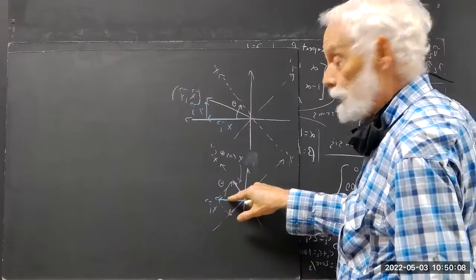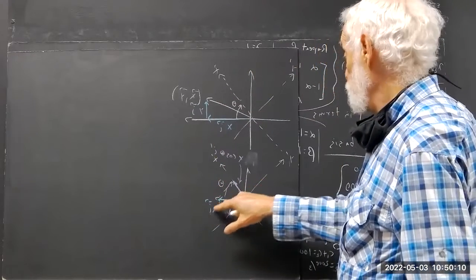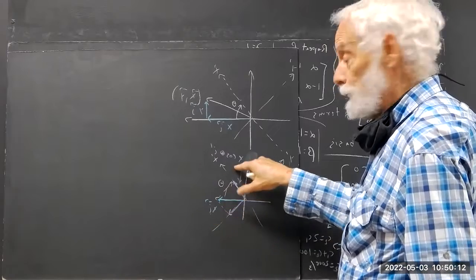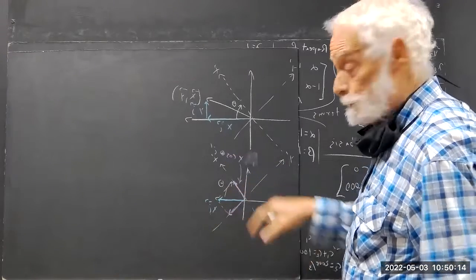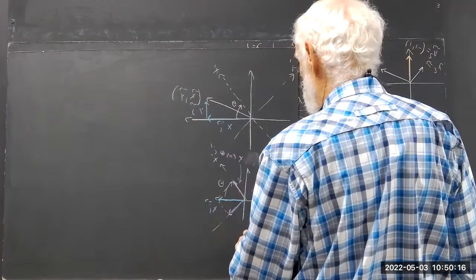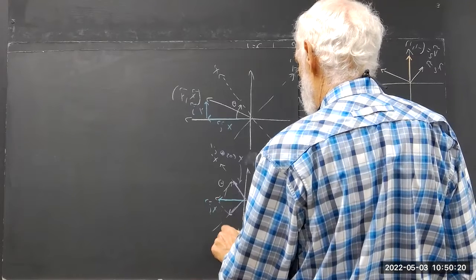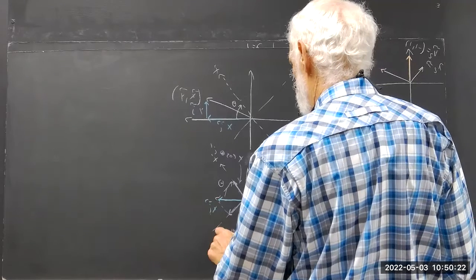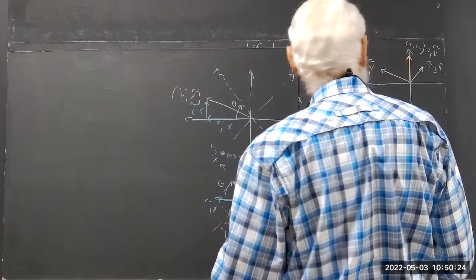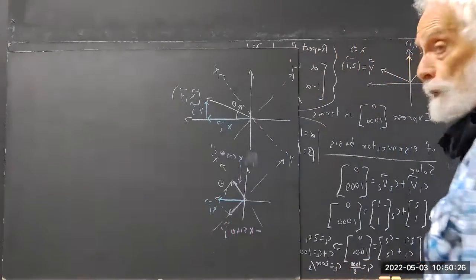If this hypotenuse is x, this is the adjacent side, you multiply by the cosine, right? And down here you get negative x sine theta times j prime.